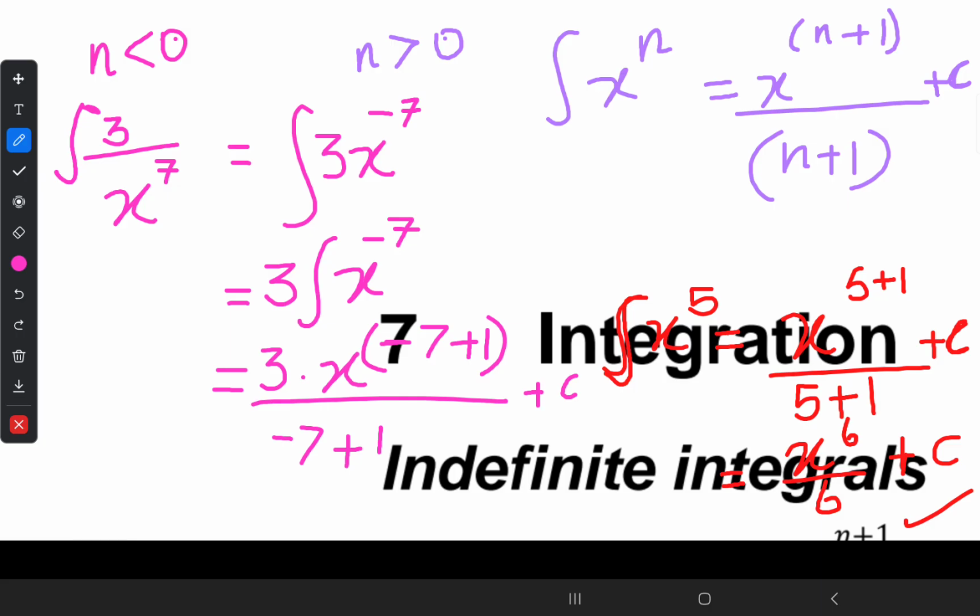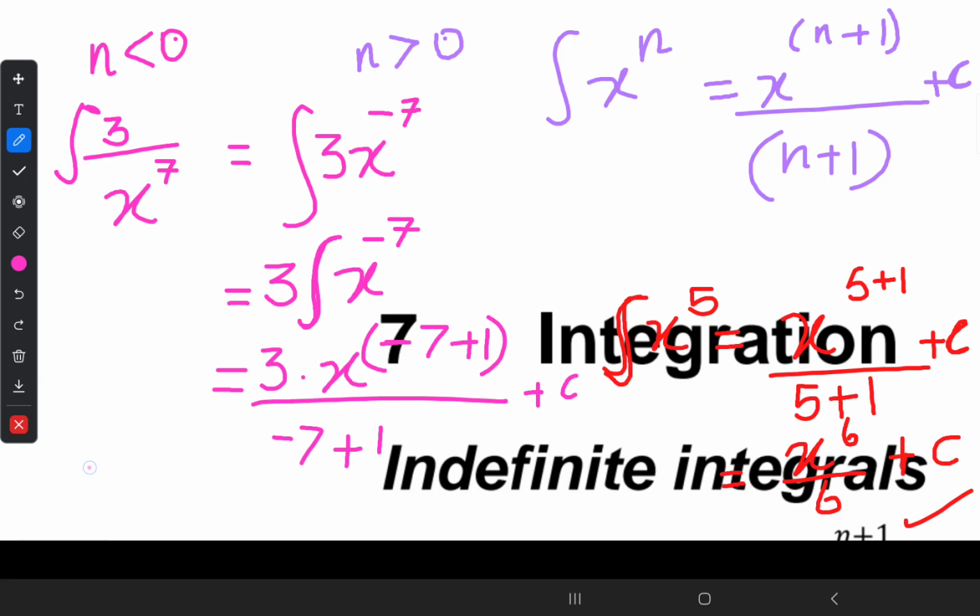You have to understand what is happening here. x to the power of negative 7 is the variable which we have to integrate. Here you can see the power is in its negative form. With that you should add number 1. That's the formula. Similarly in the denominator also, negative 7 plus 1.